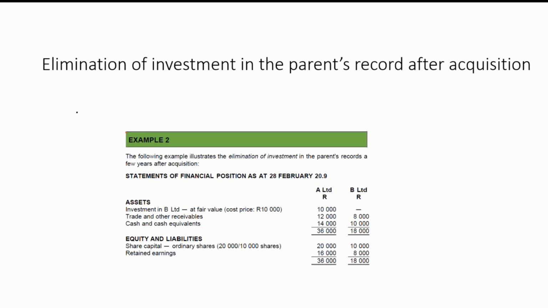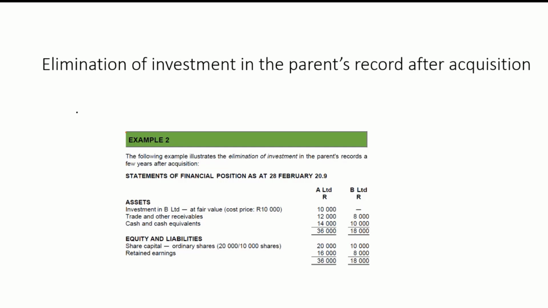Good. So we have assets, the same investment in B Limited of 10,000. What does that mean? It means that when A came to acquire B, A passed a journal entry in their financial statement: debit investment asset 10,000 and credit bank.